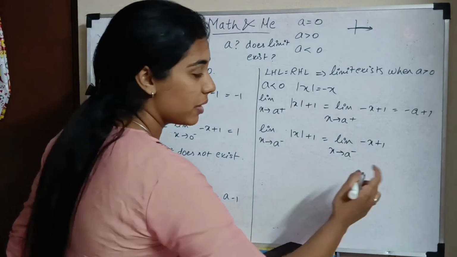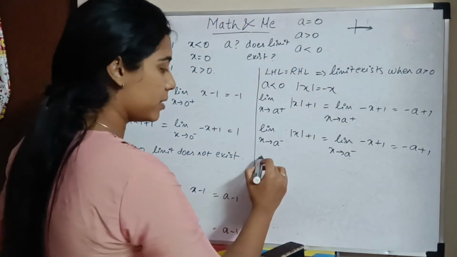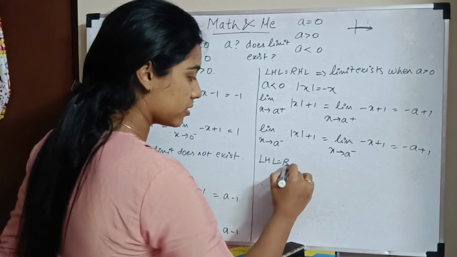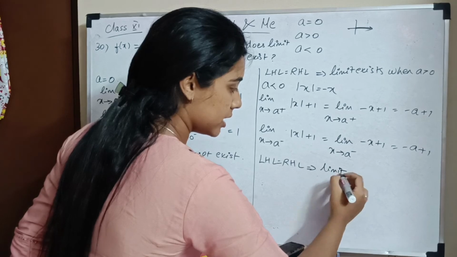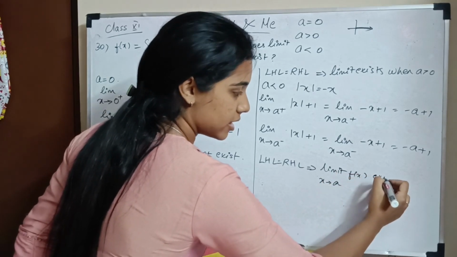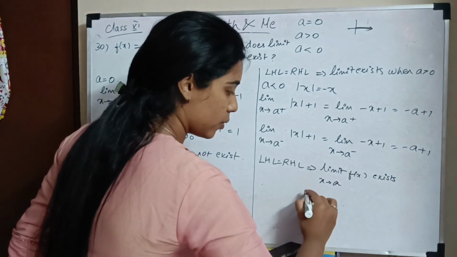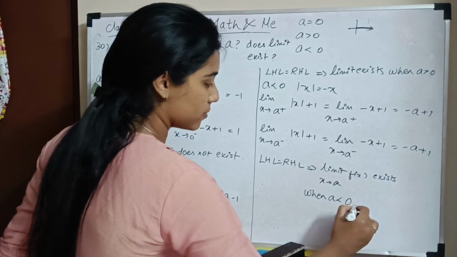Mod x will take the value minus x. So it will be minus a plus 1. Ennachu, left hand limit is equal to right hand limit, which means limit x tends to a of f of x exists when a is less than 0.